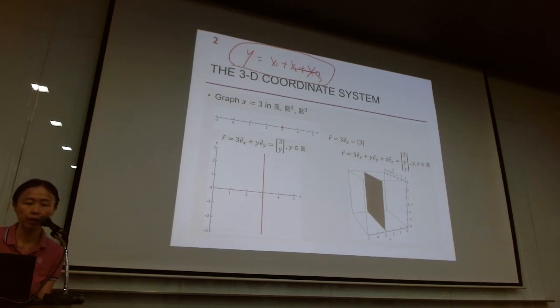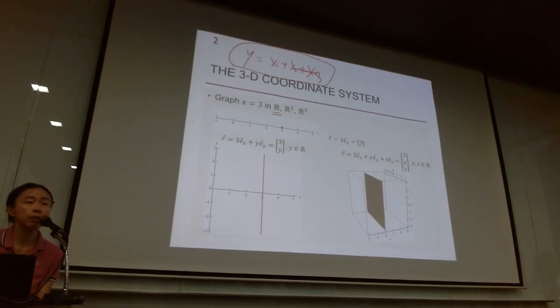Then when n minus 1 is R1, that means you only have one variable. One variable means you have one axis. Sorry, I forgot one thing: here you should draw an arrow because it's an axis.